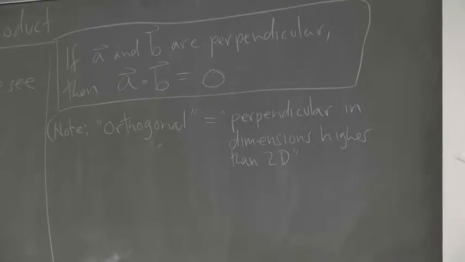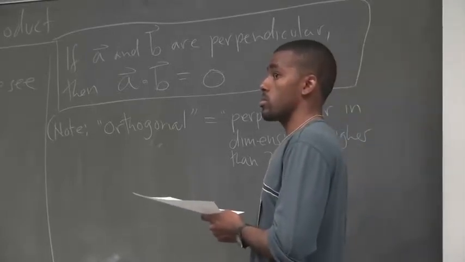Yes? So when you're given an angle and it turns out to be 0, it's a scalar there too?